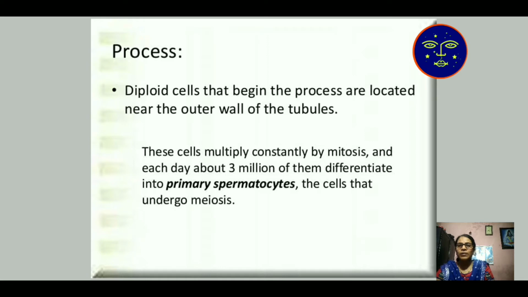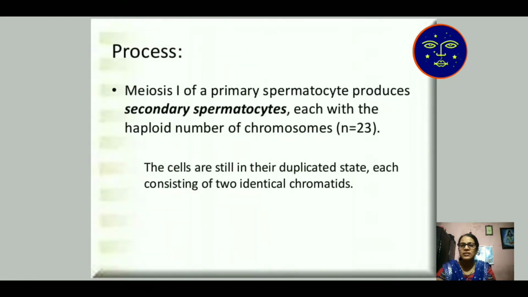Means the cells take more nutrients and go into the maturation division and produce primary spermatocytes with 2n number of chromosomes, and in the first meiotic stage the primary spermatocyte produces secondary spermatocytes each with haploid number of chromosomes. Means the first primary spermatocyte cell contains 46 chromosomes.